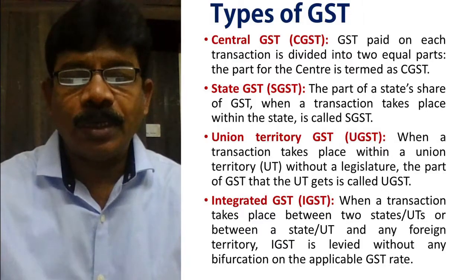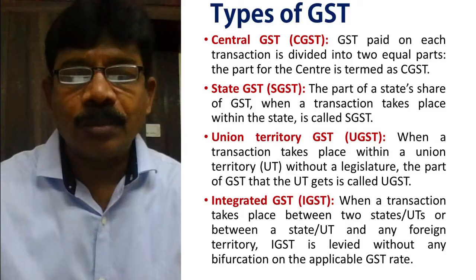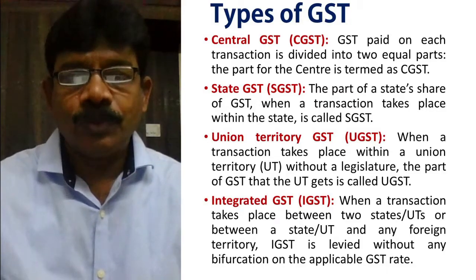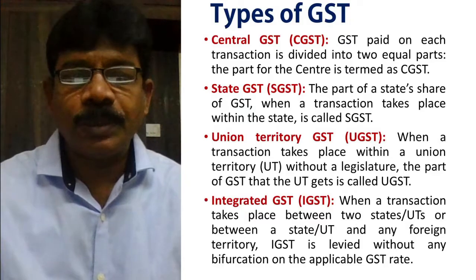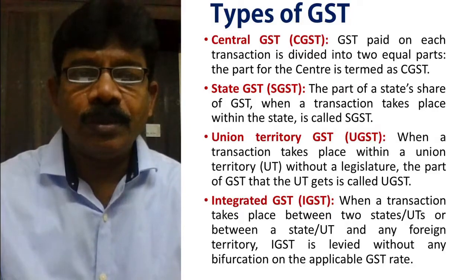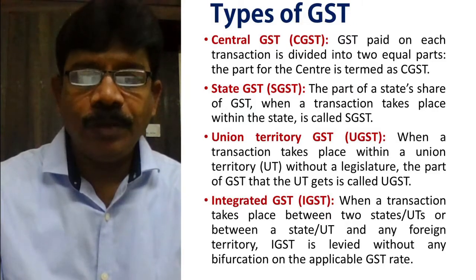Suppose from Telangana, turmeric was sent to Maharashtra, then IGST is imposed on that. So IGST is collected by the central government. Later, that portion will be shared with the state government. Is it clear?